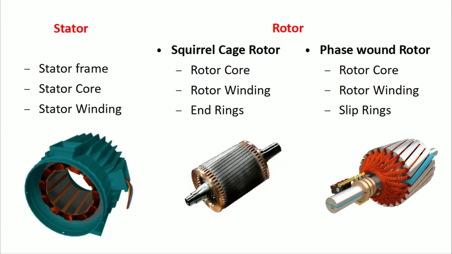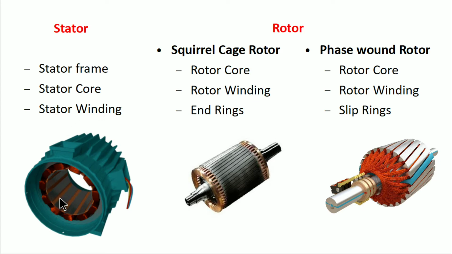The main parts of the motor are stator and rotor. The stator has further three parts: the stator frame, which is the outer body, also called the outer frame; the stator core, this iron core; and the stator windings.